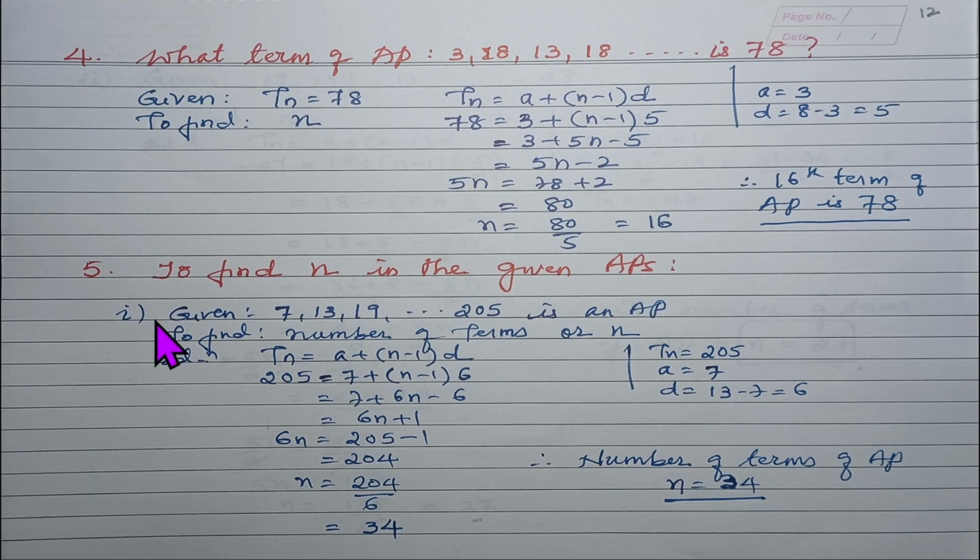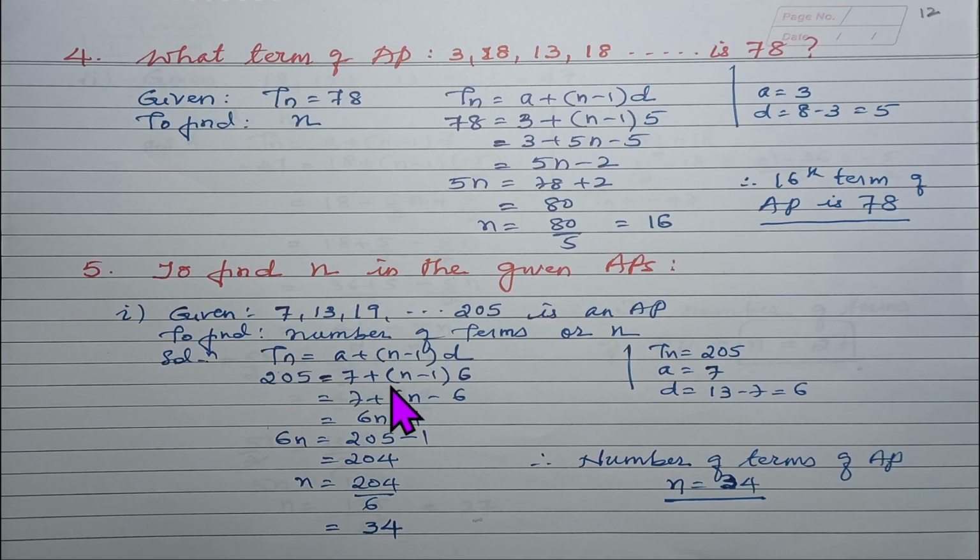Now we have to find n in the given APs. The first example is an AP 7, 13, 19, and so on up to 205, and in that we have the value Tn is 205, that is the last term, and a is 7, d is 13 minus 7, that is 6. So we can use the relation Tn is equal to a plus n minus 1 into d, and substitute the values of a, d and Tn in it.